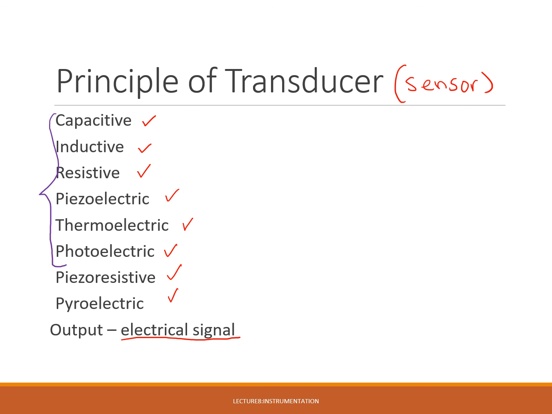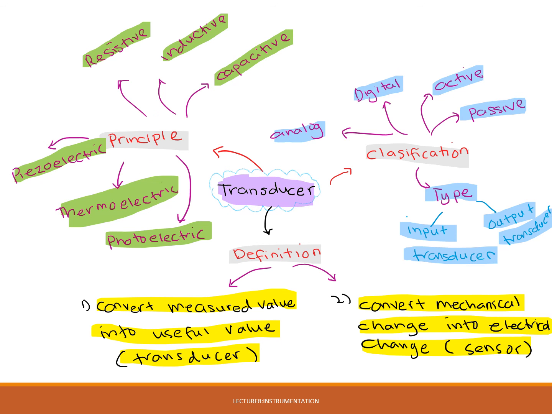Okay, next. As a summary, our topic today is the transducer, where we discussed the definition of a transducer. A general definition is to convert a measured value into another useful value, and another is a specific definition focused on sensors, which convert a mechanical change into an electrical change.